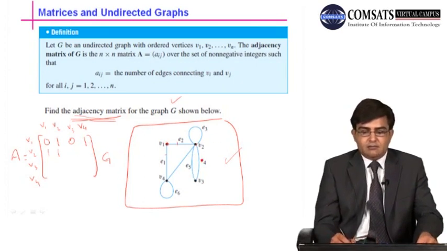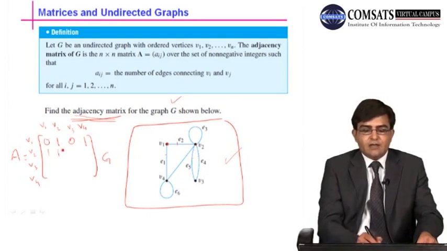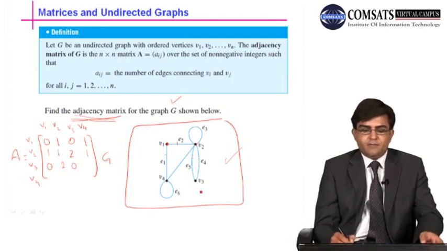There are 2 edges here which connect v2 and v3. So we write here 2, v2 to v4 1, v3 to v1 0, v3 to v2 2, v3 to v3 0, because there is no loop here.